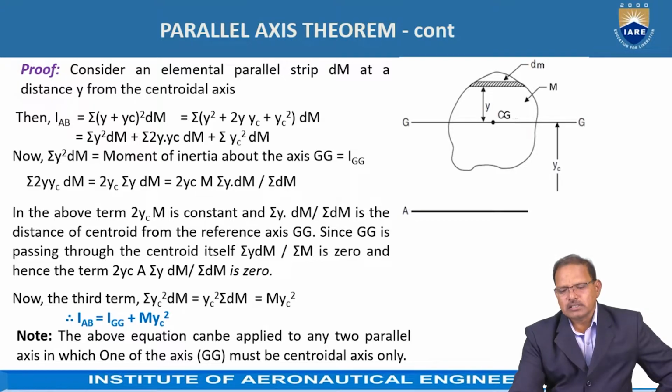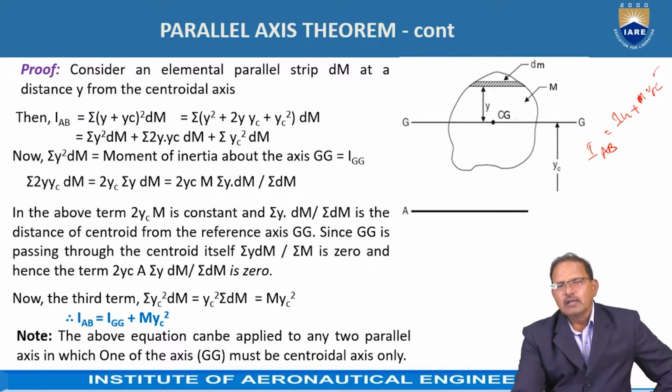According to the Parallel Axis Theorem, IAB, the mass moment of inertia of the body about line AB, is equal to IGG plus the mass into the square of the distance between the two parallel axes, that is m yc squared, where yc represents the distance between the central axis and the line AB.